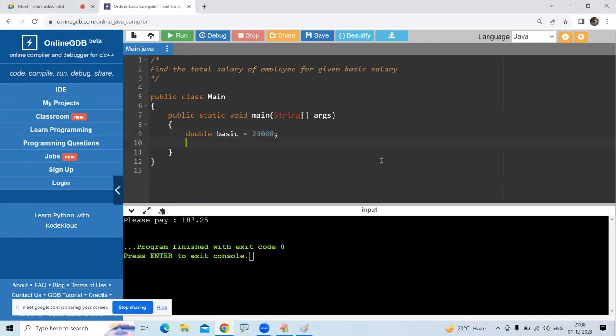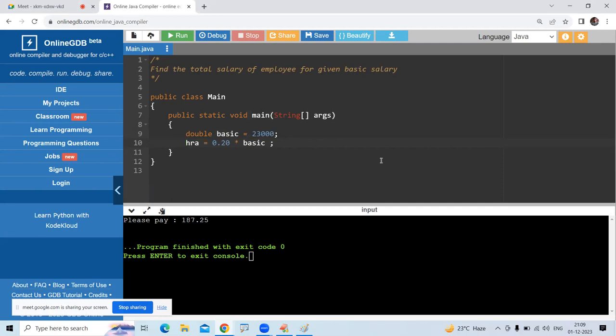And they mention clearly 20% HRA we need to calculate. HRA, house rent allowance, equals 20%, means 20 by 100. You can write like this, or simply I will write 0.20 of basic salary.